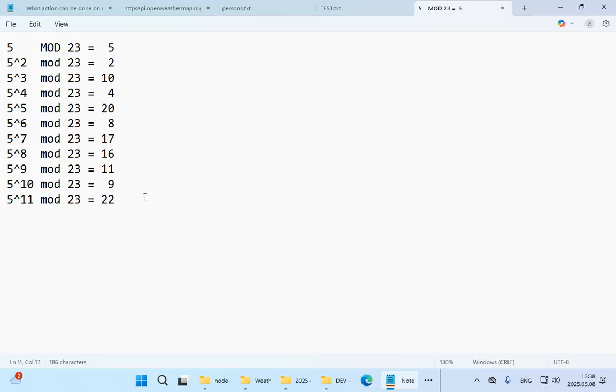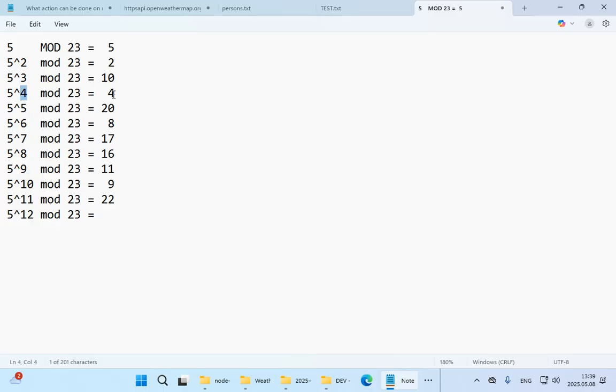Okay, 5 to the power of 12 mod 23. What is the result? Hmm. It should be 12, I think. Do you think it's 12?